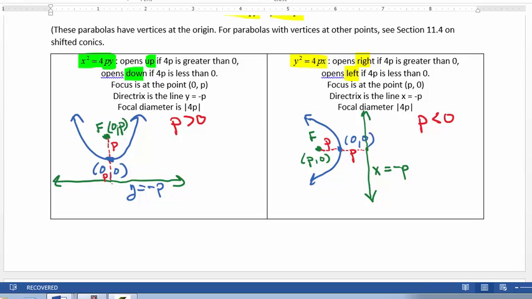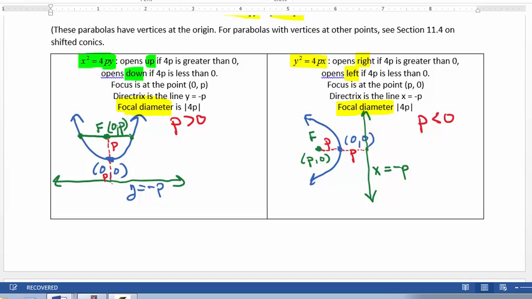All right. So those are your basic pictures for the parabola, the one that opens up and the one that opens left. Now there's one other thing that I noted in the definitions here, focal diameter. Focal diameter is the length of the segment that connects 2 points on the parabola and passes straight through the focus.